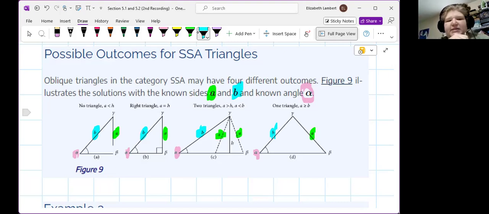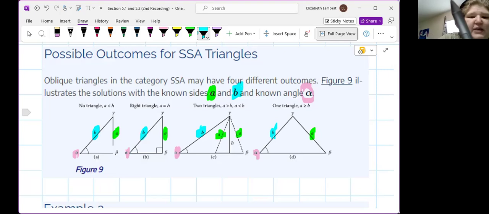So the first one is, is A even big enough to hit the ground to make a triangle? We can actually have a setup of case A here where side A is too small.